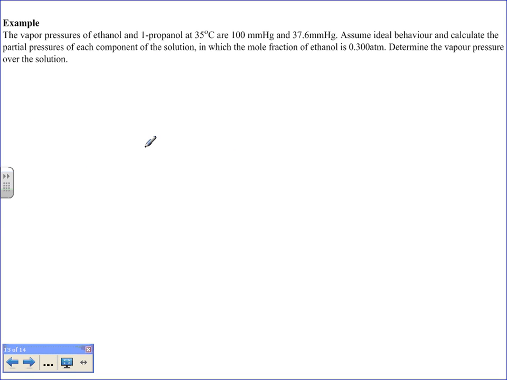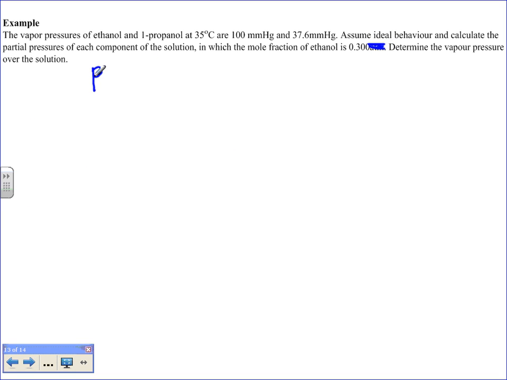And we're going to calculate the partial pressures of each component of the solution, in which the mole fraction of ethanol is 0.3. And we're going to determine the vapor pressure of the solution. Okay, so first of all, this should not have a unit. So we've got the mole fraction of ethanol is 0.3. So because we know the mole fraction directly, we don't need to calculate that.